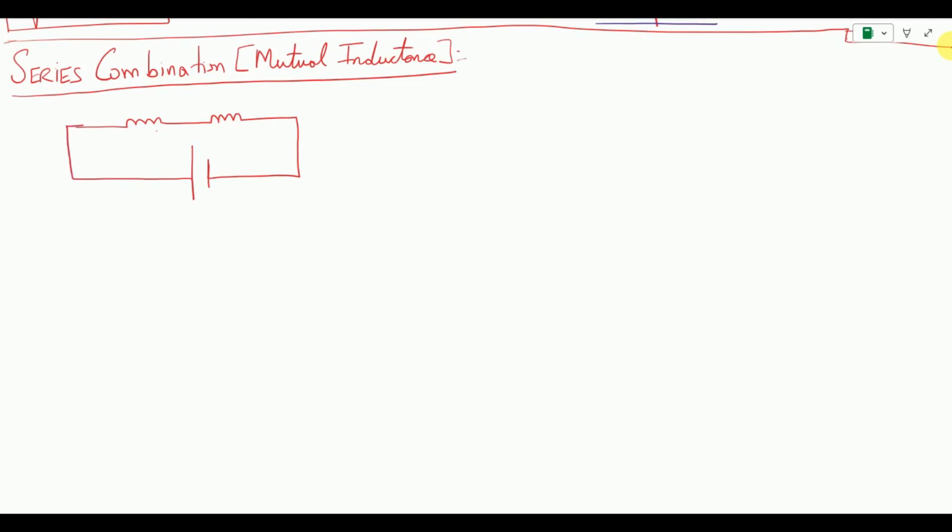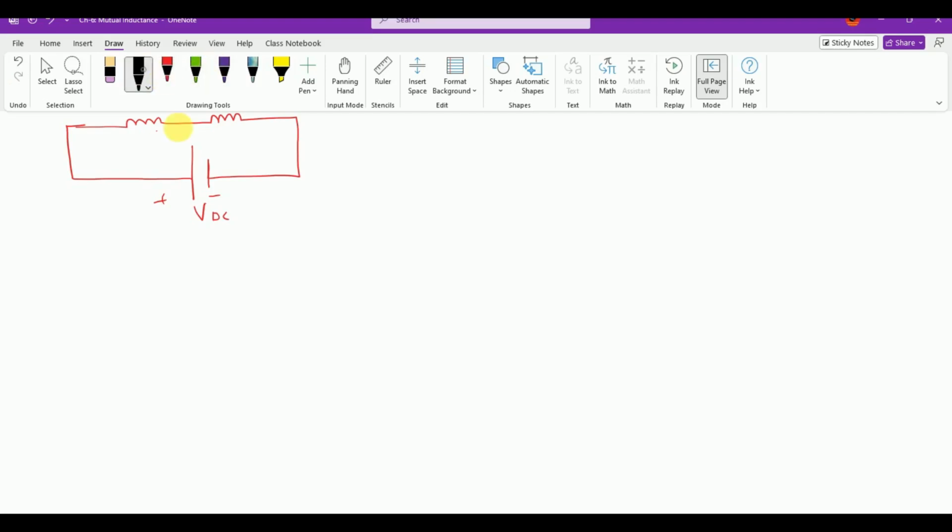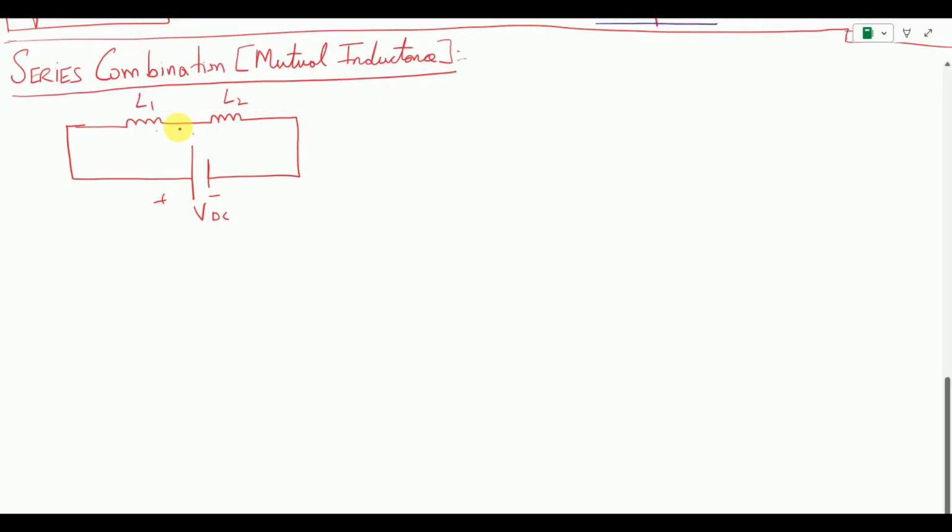This is the voltage, this is inductor L1, this is inductor L2. But now the idea is we want to create an equivalent inductance, but the concept of mutual inductance is involved here, which means that our system is now going to have a mutual inductance M between these two inductors, and which means we need to know where the dot convention is.